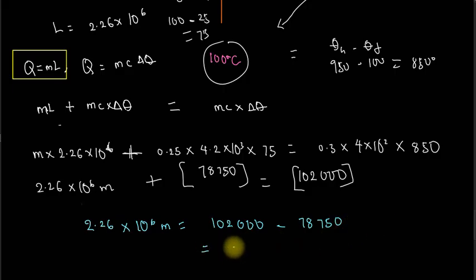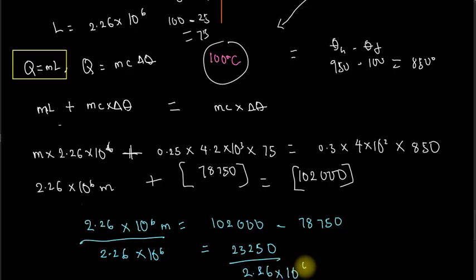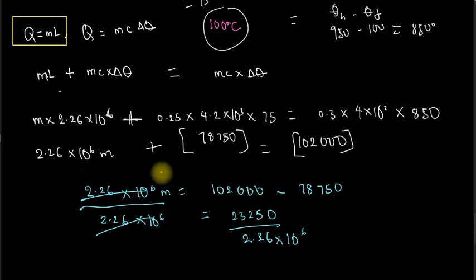So this is going to give us 23,250, and you have to divide both sides by 2.26 times 10 raised to the power 6. So I have to divide this by 2.26 times 10 raised to the power 6. This cancels out, this cancels out. We're left with m. And so m is equal to this.